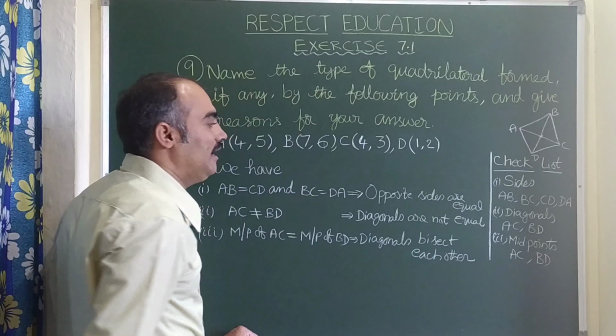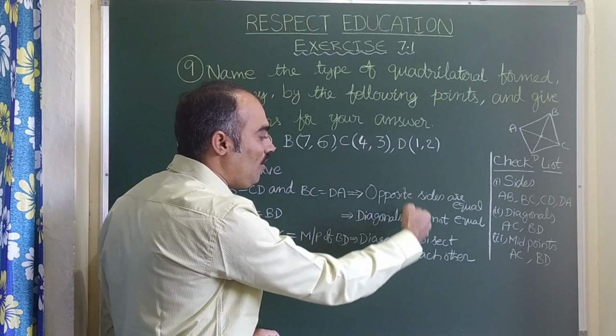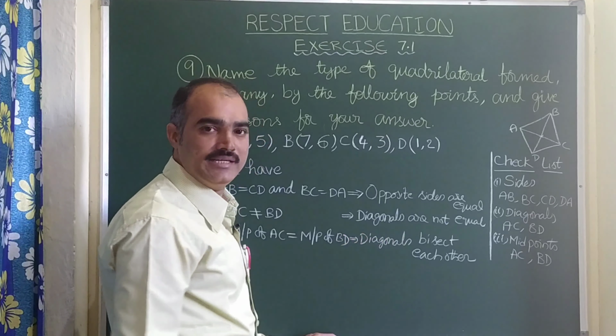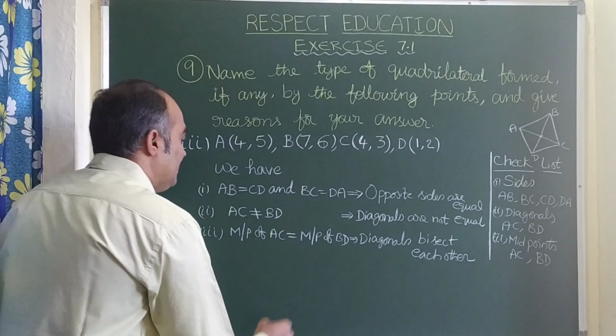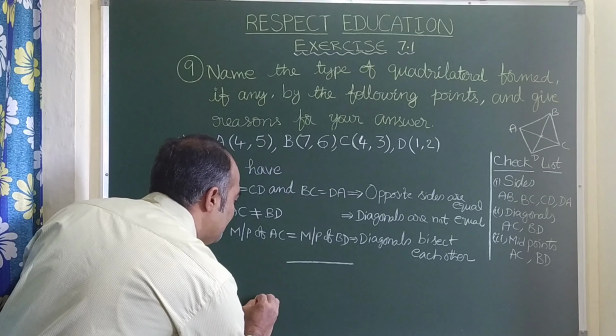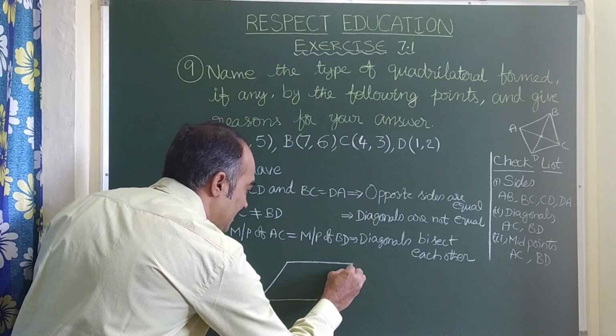So if any quadrilateral satisfies all these 3 conditions, then what do we call it? Let us see here. There is a quadrilateral in which opposite sides are equal. Let us take these 2 as opposite sides, they are equal, and these 2 are also opposite sides, they are equal.